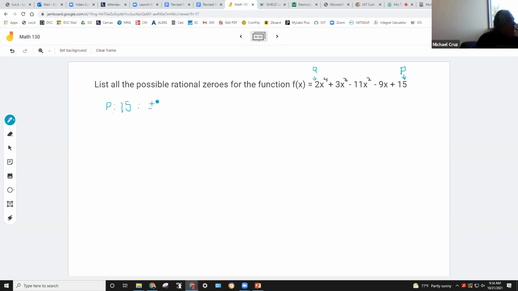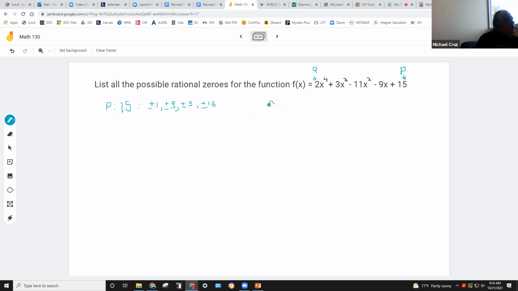Plus or minus 1 is going to be a factor in all of them, possible factor in all of them. 3 is also a factor, so we're throwing in plus or minus 3, and then plus or minus 5 and plus or minus 15.